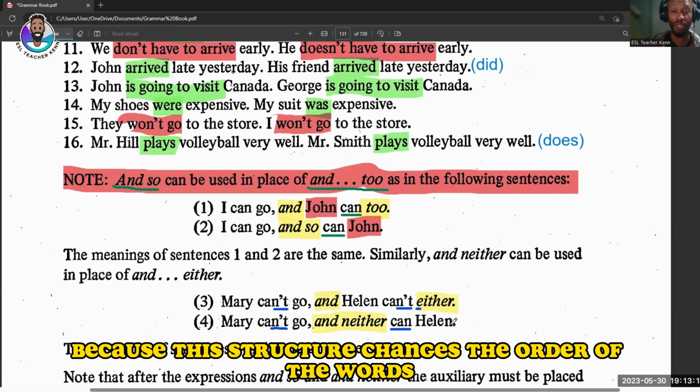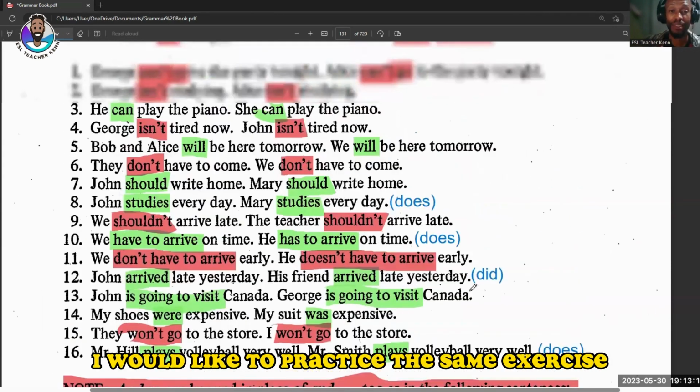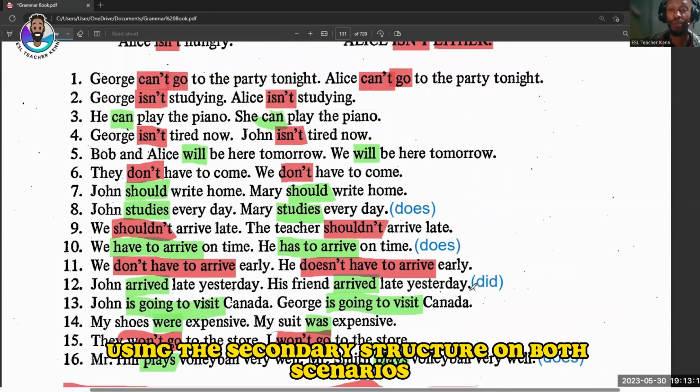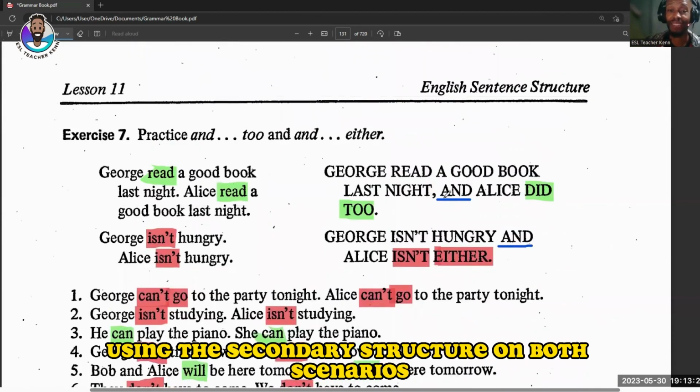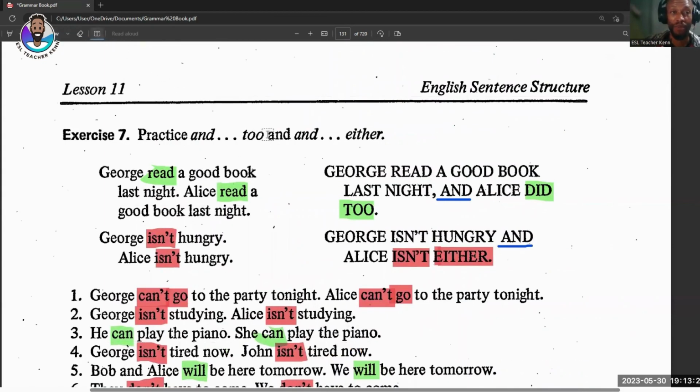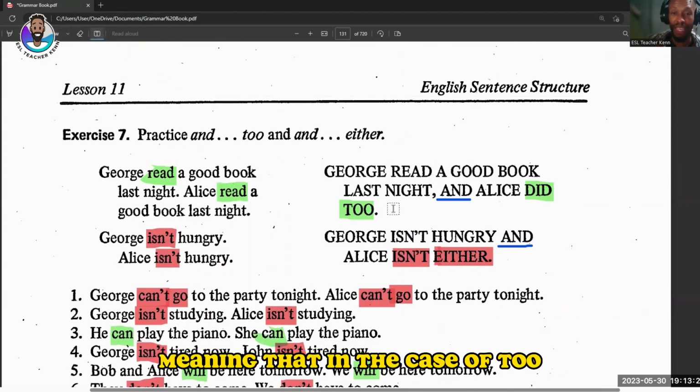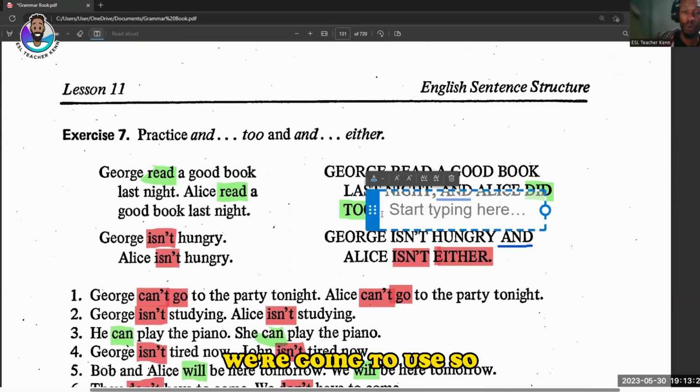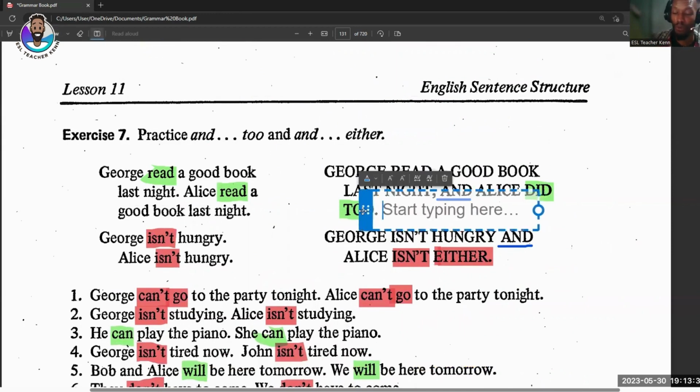Because this structure changes the order of the words, I would like to practice the same exercise using the secondary structure on both scenarios. Meaning that in the case of two affirmatives, we're going to use so, and we're going to say, and so did Alice.